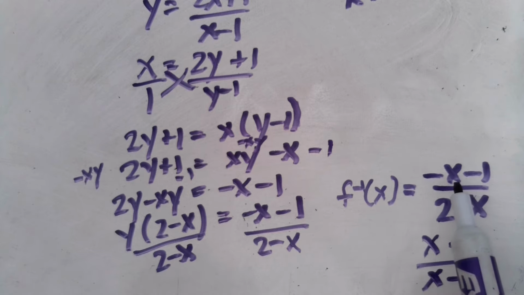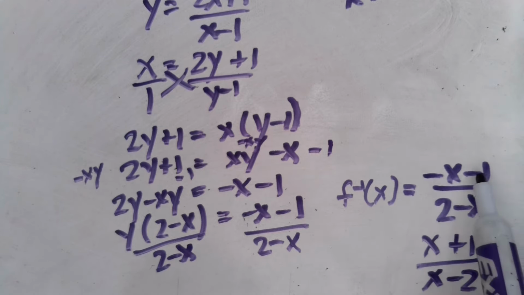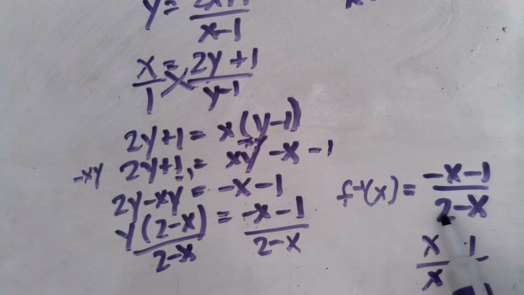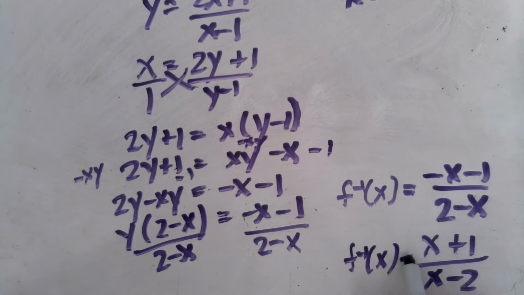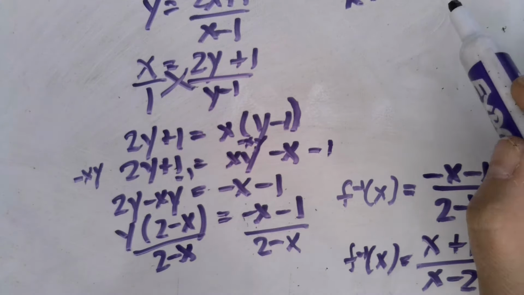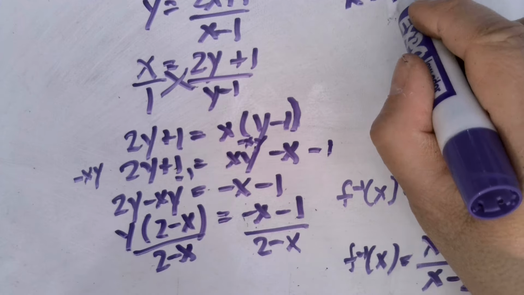Notice how all the signs are the opposite. Negative x, negative 1, positive 1, positive 2, negative 2, positive x, negative x, positive x. So either one of these would be the correct answer. Okay, so I want to make sure you understand and recognize how to find the correct answer in Math Excel as well.